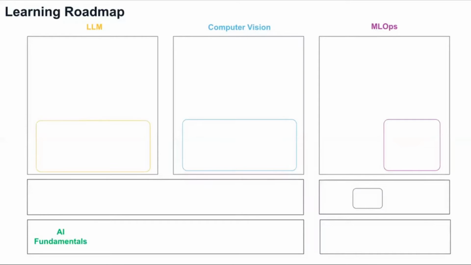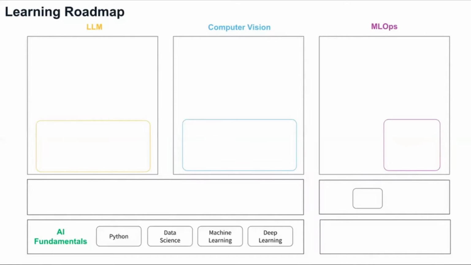Before you jump into LLM and computer vision, you need to learn AI fundamentals. You need to make sure that you know Python programming, the basics of data wrangling, machine learning and deep learning. By deep learning, I mean the basics of deep neural networks and working with PyTorch. These are just the fundamentals. We have an AI fundamentals course that covers everything if you're just starting from scratch.